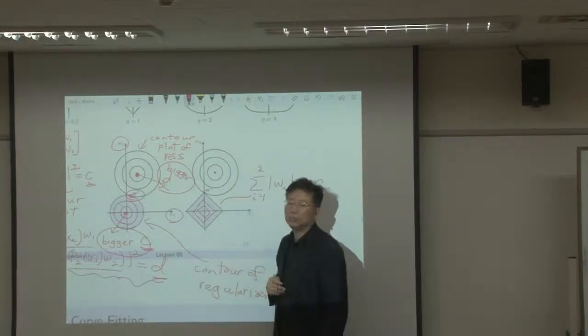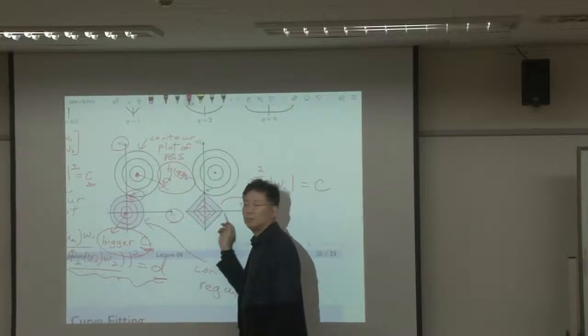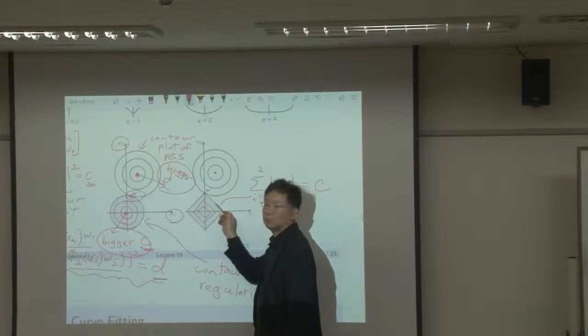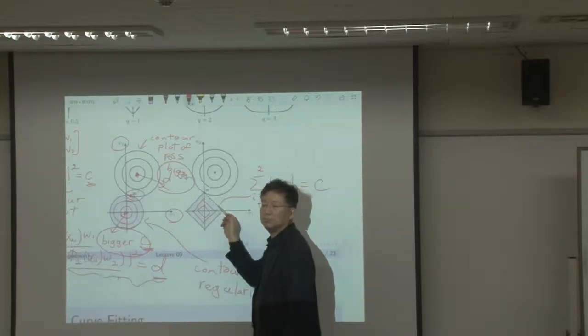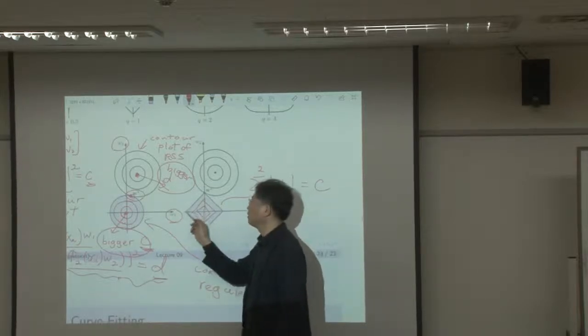Where is the solution here? Probably at the edge. Most likely. It's very possible that you get it right here also. It's possible. But most likely, with high probability, it's going to lie right here.